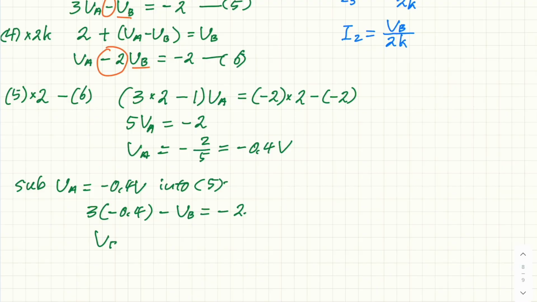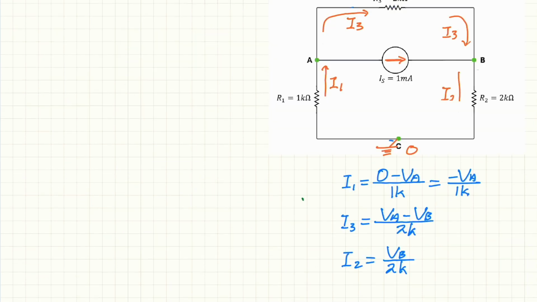So VB equal to minus 1.2 plus 2. So this is equal to 0.8 volt. So we know the potential at A is minus 0.4 volt, and the potential at B is positive 0.8 volt.